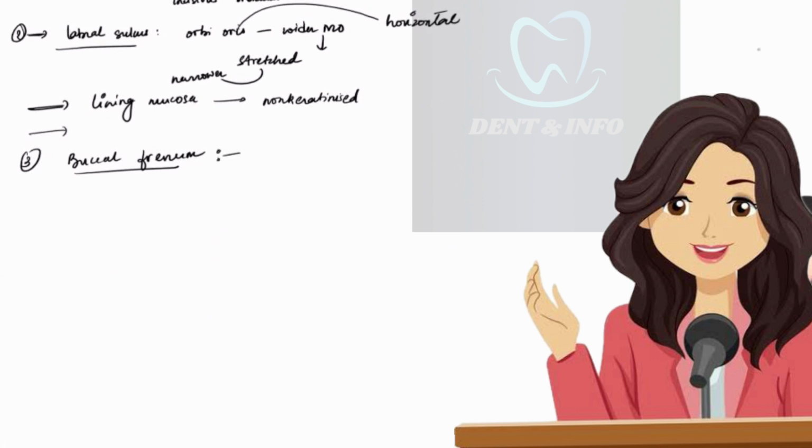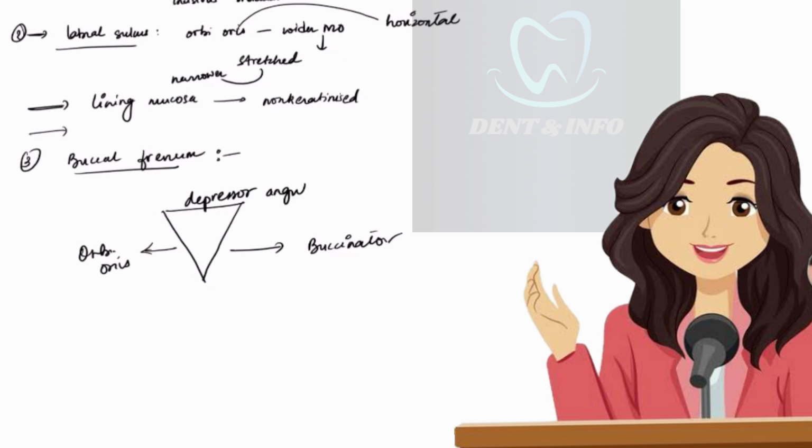Buccal frenum has a similar three-point attachment. Posterior will be your buccinator. Anterior will be your orbicularis oris. And here you will have the depressor muscle, depressor anguli oris.